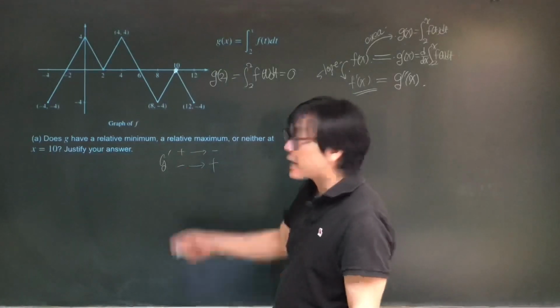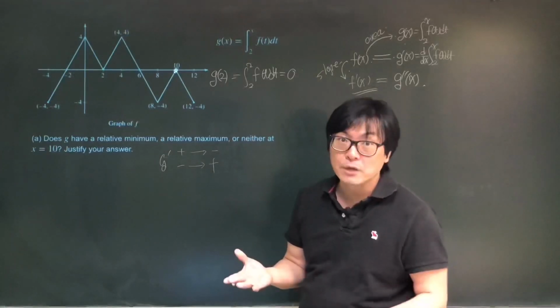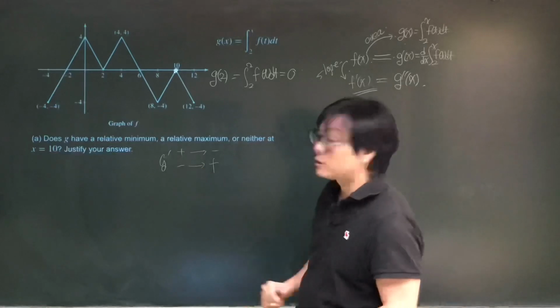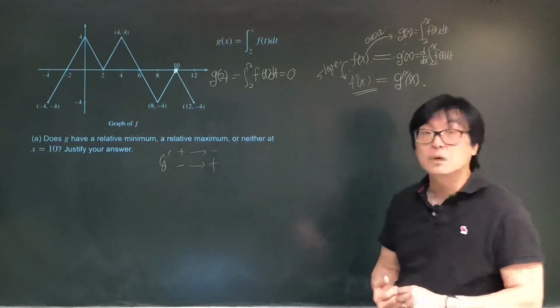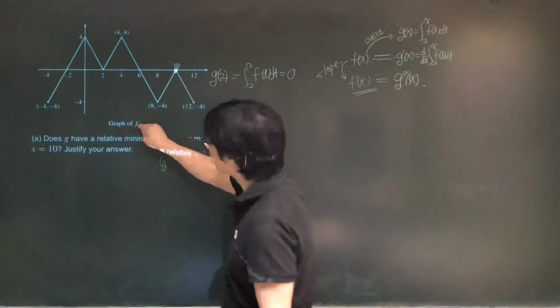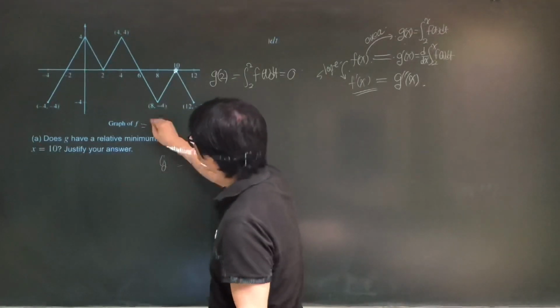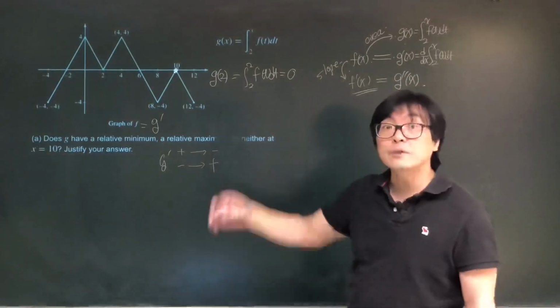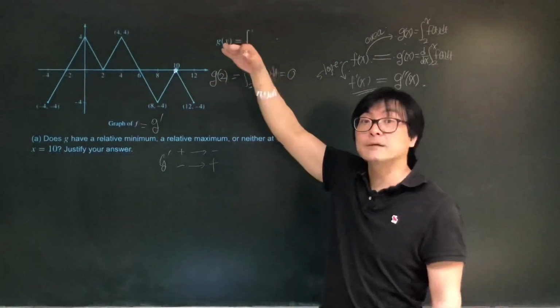But if the sign of G prime doesn't change, then we don't have either a relative maximum or a relative minimum. So how can we check G prime? Because this f of x itself is G prime, like we show here. So we just need to check whether the function is above the x-axis or below the x-axis.